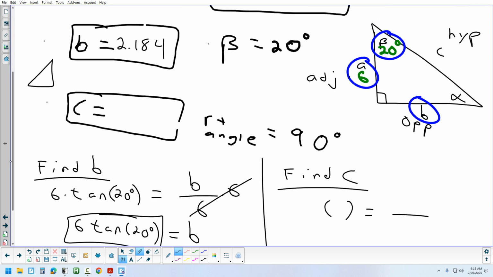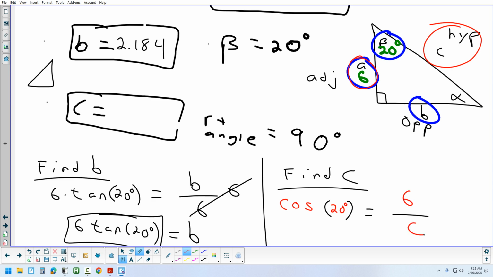Okay, so now to find C, look at the pieces of information we're going to use. Adjacent was given. Hypotenuse is the unknown. Which trig function has adjacent and hypotenuse? Cosine. So, cosine of 20 degrees equals adjacent over hypotenuse.